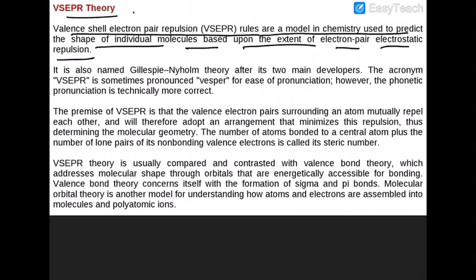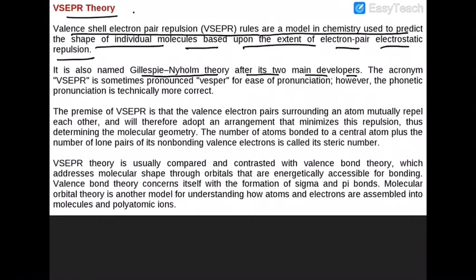In order to keep the repulsive interaction to the least, these electron pairs are arranged in a particular geometry. The theory was proposed by Gillespie and Nyholm, so it is also known as Gillespie-Nyholm theory, and it has mainly two things to take into account.